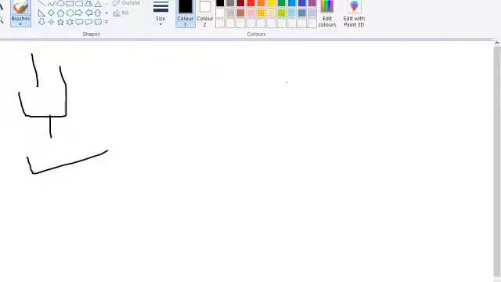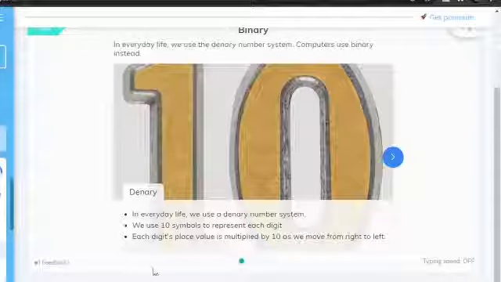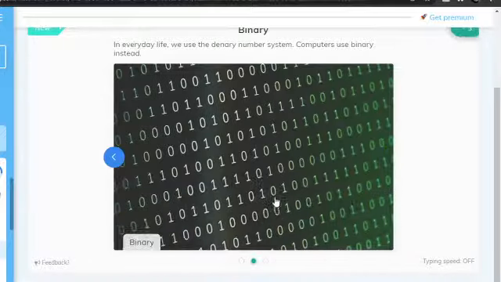So in this case, the place values would be 1, 2, 4, 8, 16, etcetera. To represent the denary number 17, what numbers add together from here to give 17? 16 and 1, and the rest would be zeros. Simple binary, done.